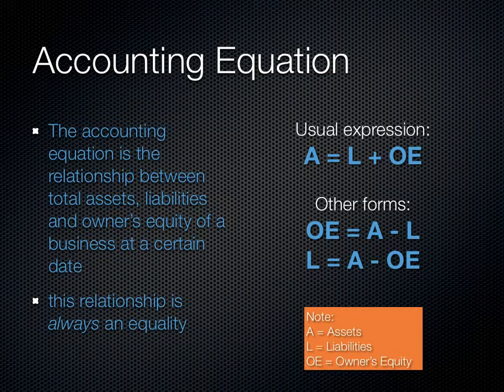Okay, the accounting equation is a relationship that exists between the assets that a business holds, the liabilities that it has, so the people it owes money to, and the owner's equity. And we learnt from the previous lesson that owner's equity is really just a special type of liability that separates out the money that the business owes back to the owner.